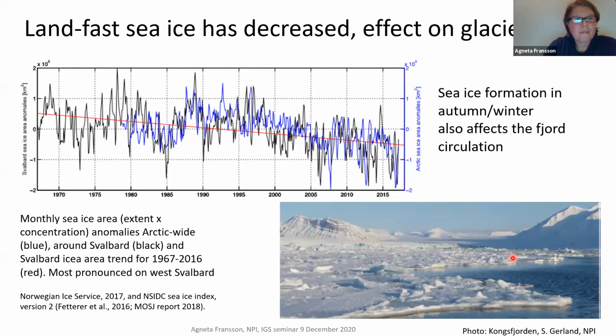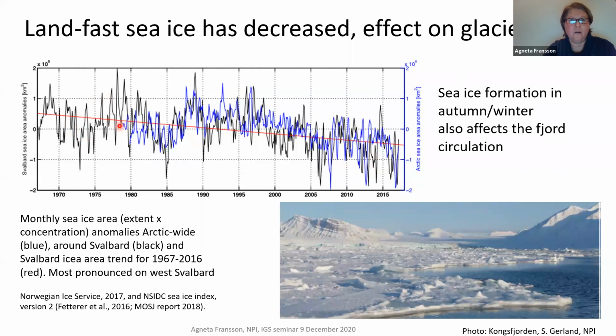And the landmass sea ice has decreased as well. That will also, of course, have a destabilizing effect on the glacier fronts. If you look at the diagram here from 1967 to 2016, the black illustrates the monthly sea ice area anomalies for the Arctic.